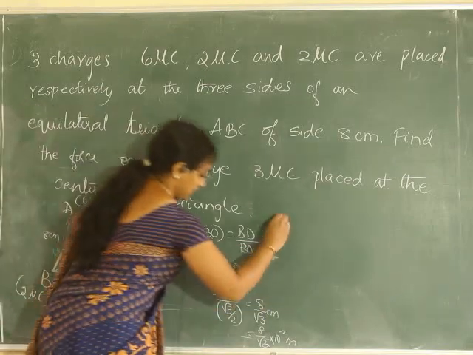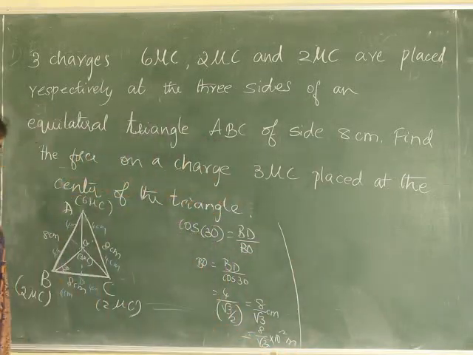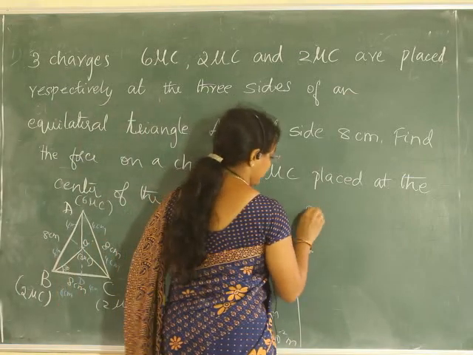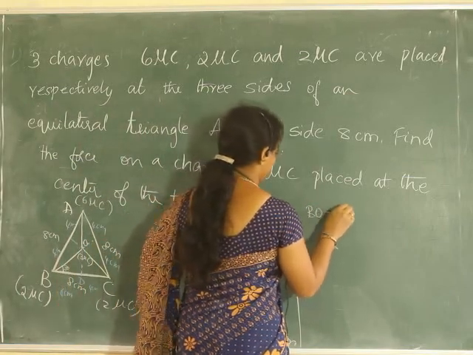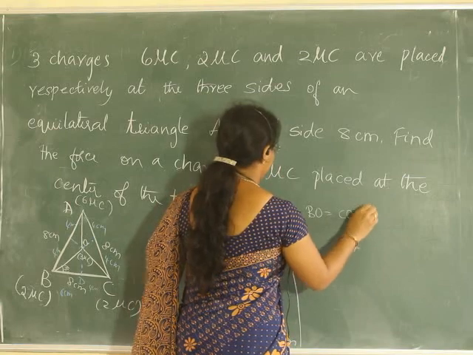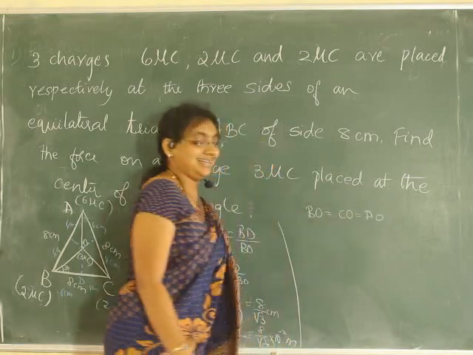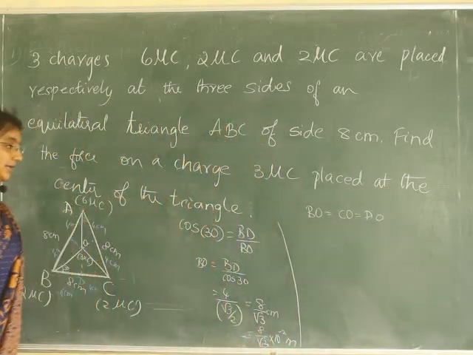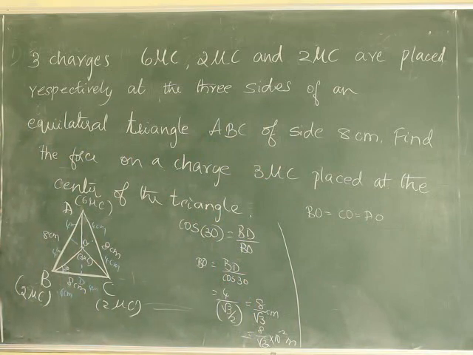Okay, we got. Then I can say BO is equal to CO is equal to AO, since it is an equilateral triangle. Now, can you use the formula of force? Yes, we will use the formula of force.